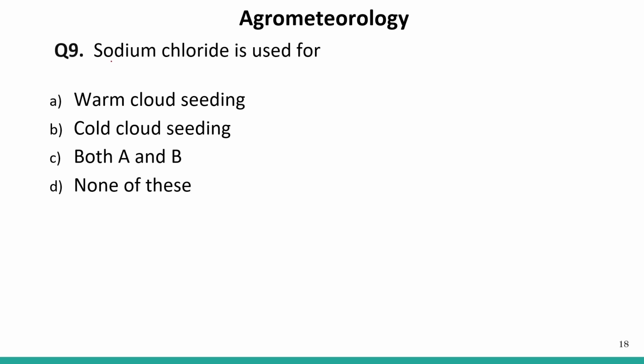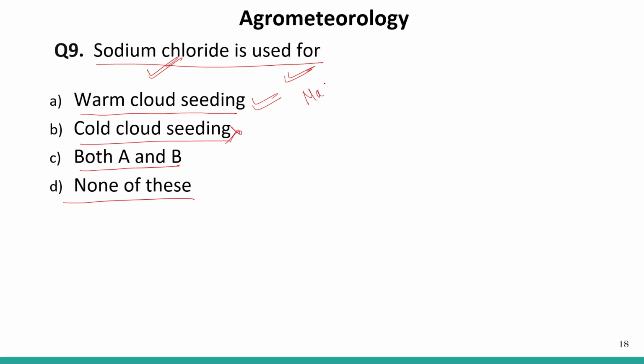Next question. Sodium chloride is used for warm cloud seeding, cold cloud seeding, both A and B, or none of these. So cold cloud seeding can't be this answer. So sodium chloride is used for the warm cloud seeding.